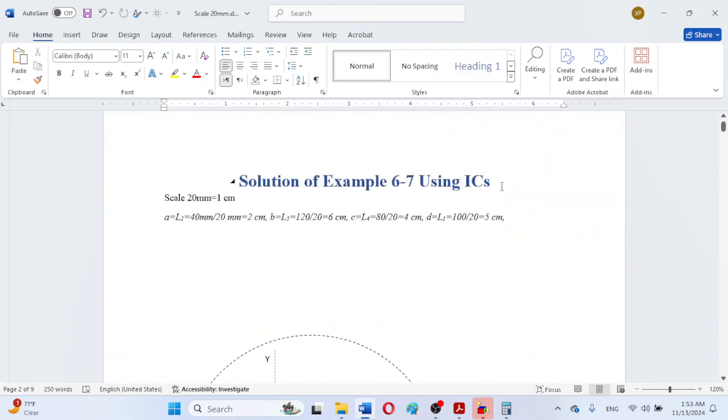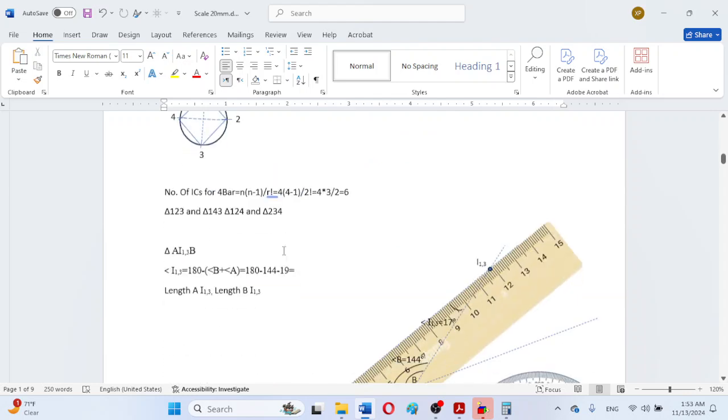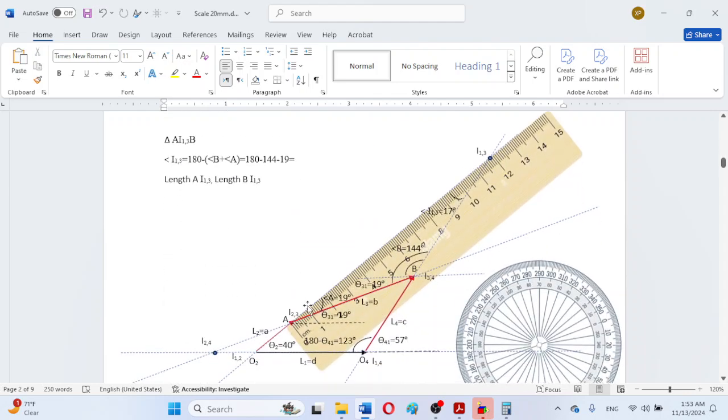And from above we can observe that 20 millimeter is equal to 1 centimeter. So our observation according to this graphical scale is 11.8.